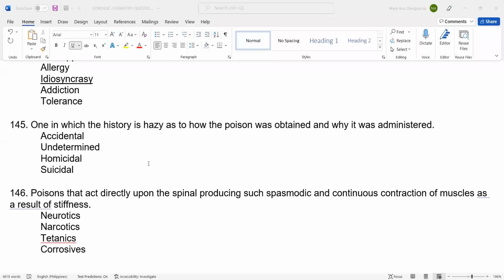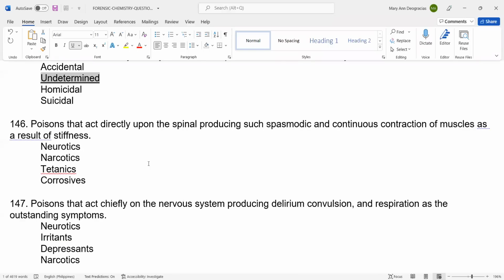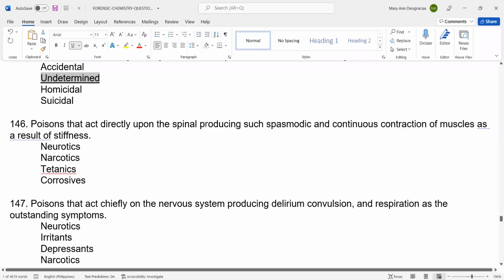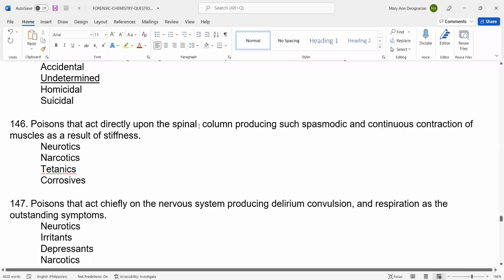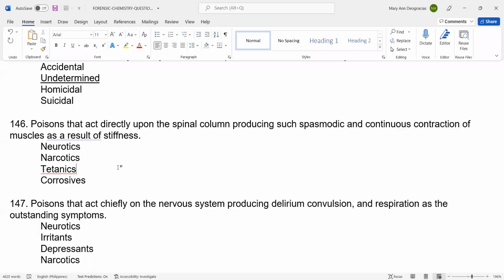Alright. Poisons that act directly upon the spinal column, producing such spasmodic and continuous contraction of muscles as a result of stiffness. Spinal cord ang affected yan. Is it A, neurotics, B, narcotics, C, tetanics, D, corrosives?